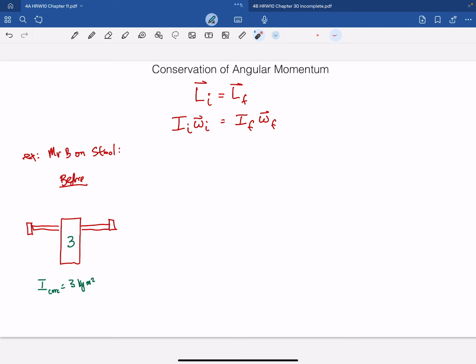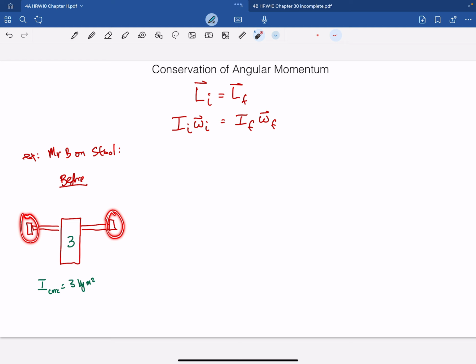Let's go with the point masses at the end. We know that these both are, what did I write down? Oh, it must have been 3 kilograms.